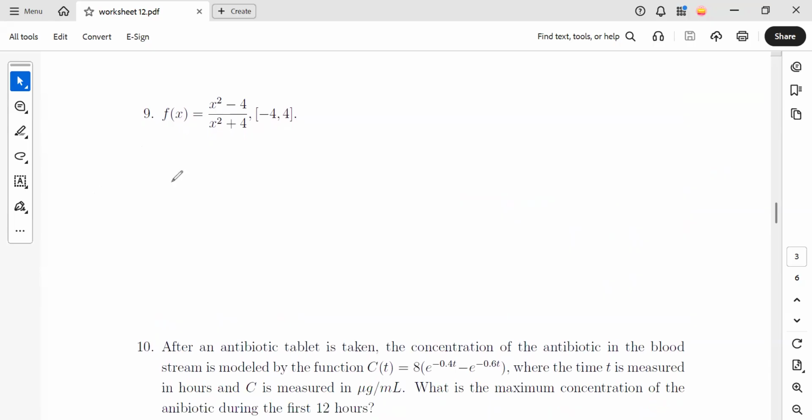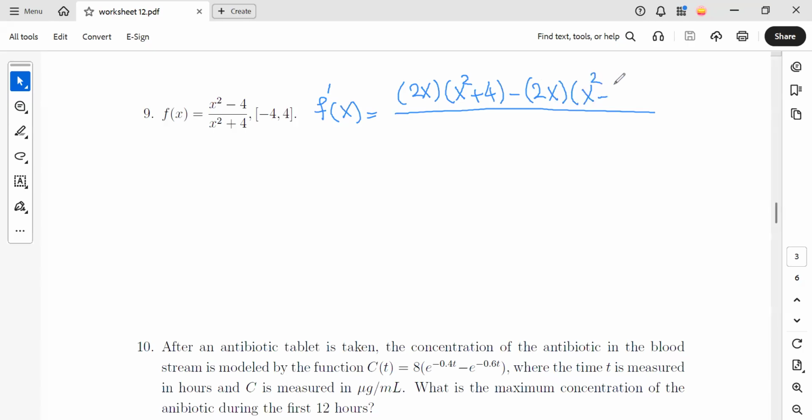is a quotient function. So finding the derivative is 2x as the derivative of the numerator times denominator minus derivative of the denominator, which is 2x times the numerator itself, all over x squared plus 4 power 2.